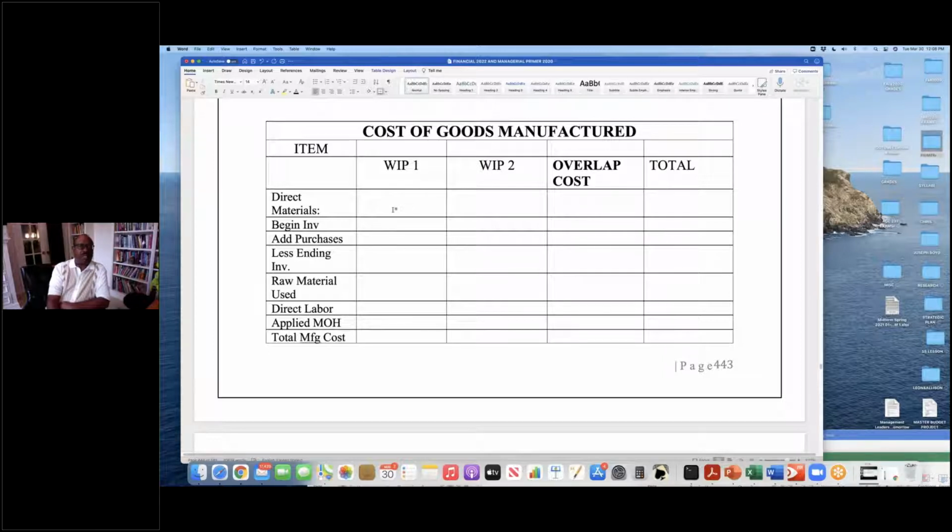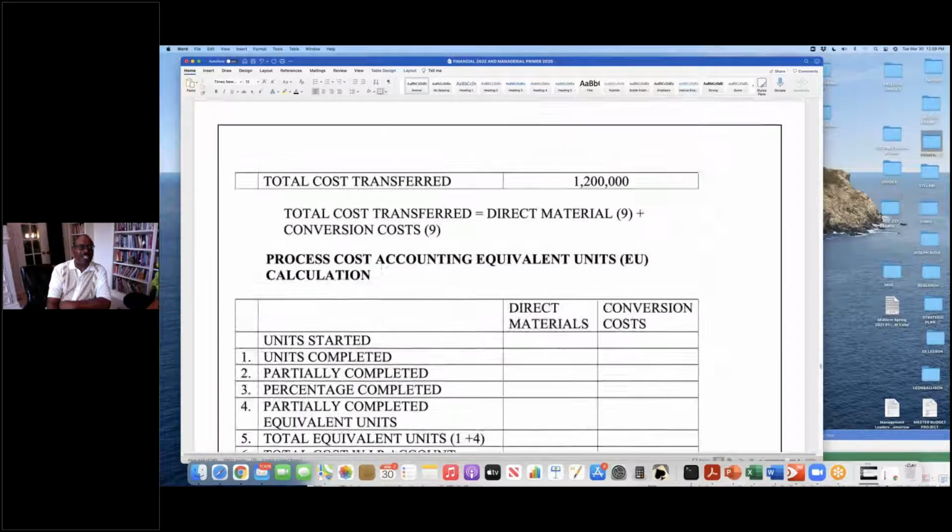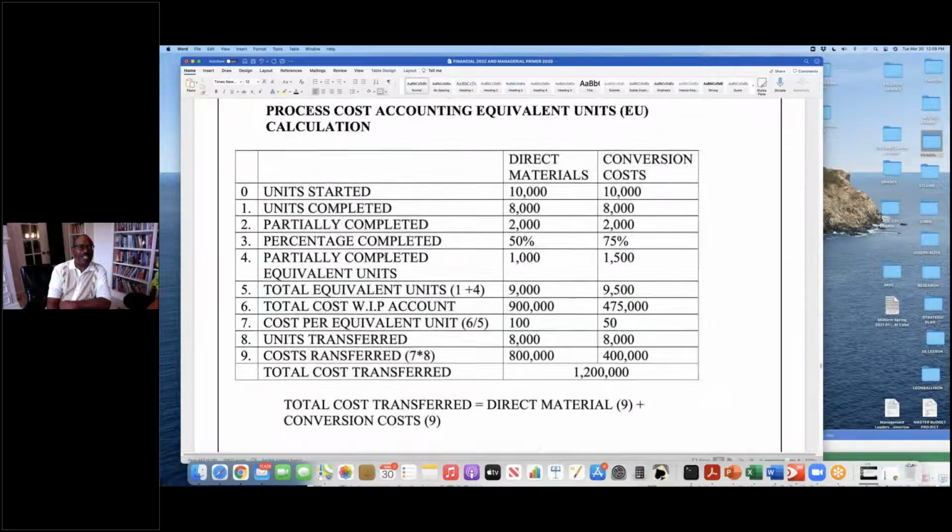All right, tell me about direct materials, work in process 1. Beginning inventory was 0. What were our purchases in process 1? Purchases 400,000. What was our ending inventory? Go back up and see. 70,000.